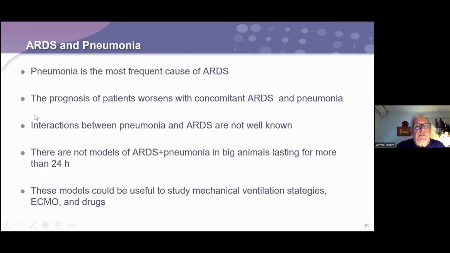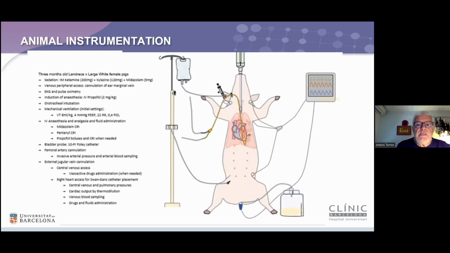Well, finally, the last model that we have, which hopefully is going to be published, is the model of ARDS of pneumonia. Community-acquired pneumonia is one of the most important and frequent causes of ARDS.